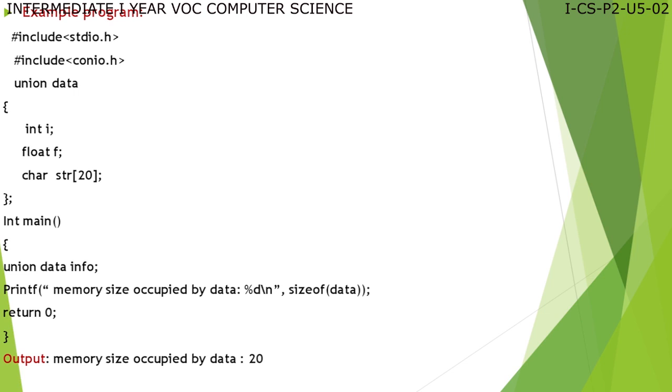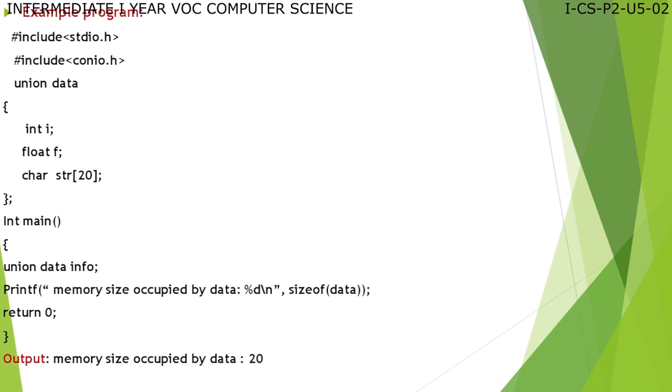Here we are printing the value: the memory size occupied by the data is %d, sizeof data. We are finding the size of data, then return 0. The output will be: memory size occupied by the data is 20.